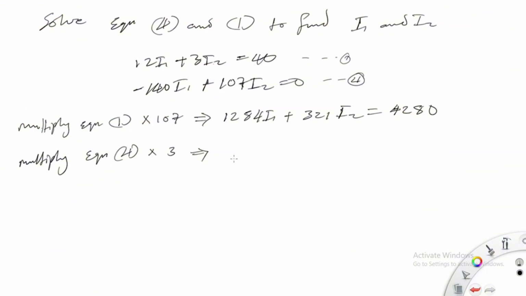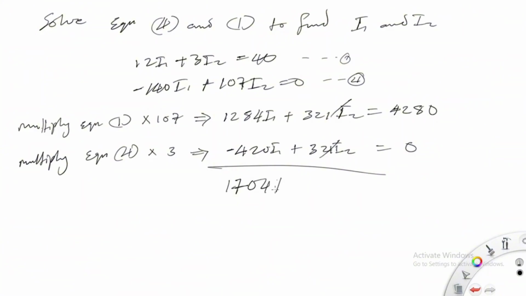So we'll have minus 420I1 plus 321I2 is equal to 0. So you see, this and this now will cancel out. What do we have left? We would have 1704I1 plus 0 is equal to 4280. This means we have 1704I1 is equal to 4280.